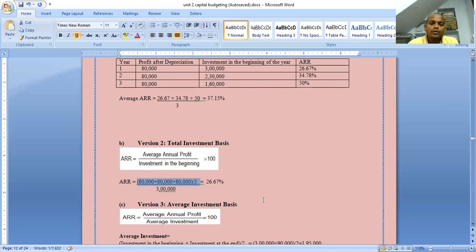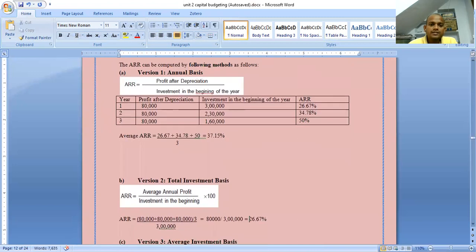So how much comes? 80,000 only, divided by 3 lakhs. So accounting rate of return is 26.67. See, in both versions, the accounting rate of return or average rate of return is different.